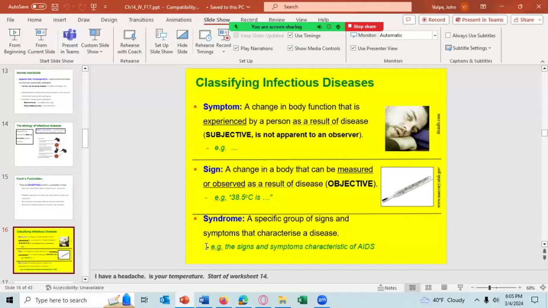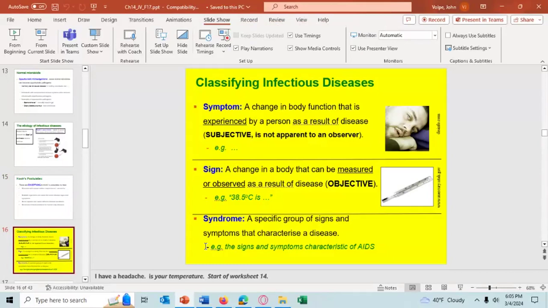All right, if not, let's move on to some more terms. A symptom is a change in the body function that is experienced by a person as a result of a disease, but it is subjective. It is not apparent to an observer. An observer cannot measure the symptom.